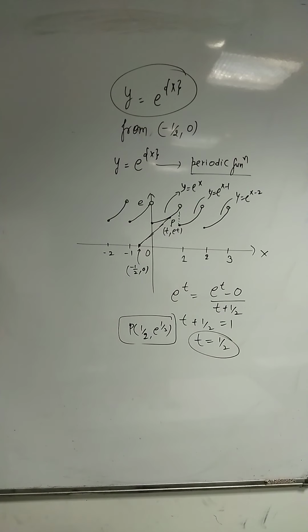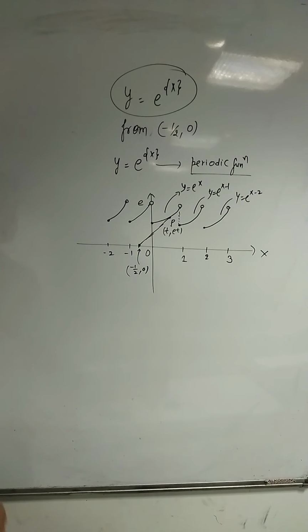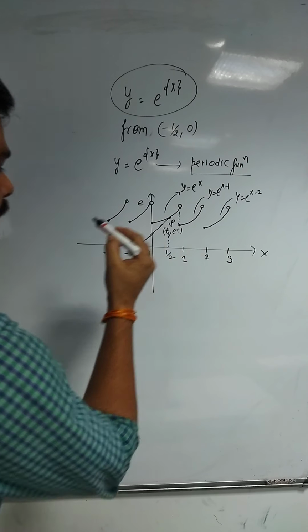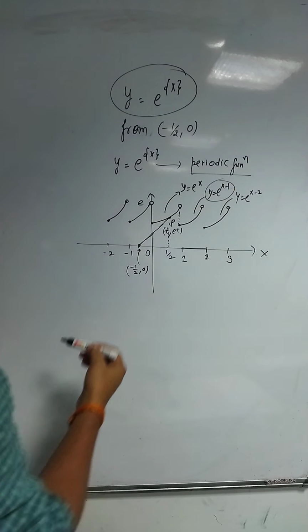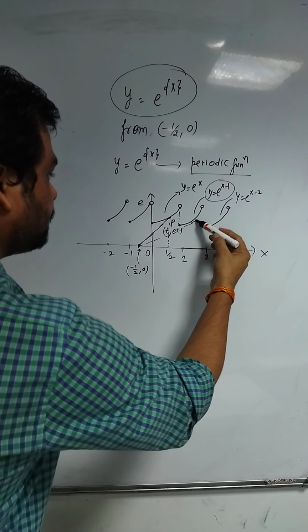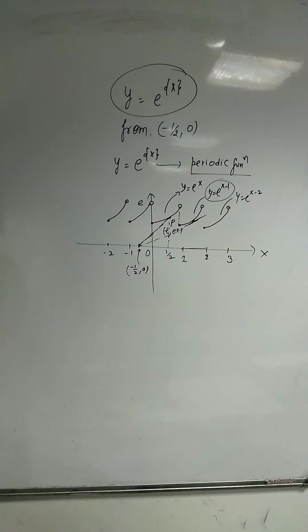Okay. And now for e to the power x minus 1, this point corresponds to 1 by 2. And for this curve e to the power x minus 1, let this be the tangent. I don't know whether this tangent exists or not; the calculation will tell me.